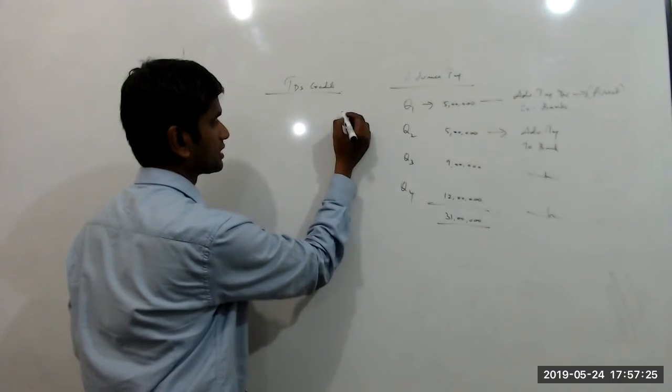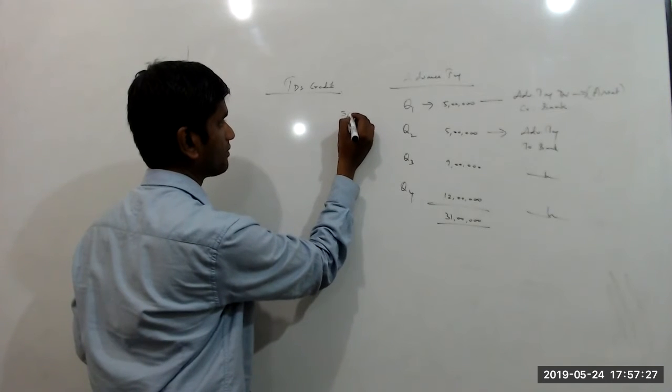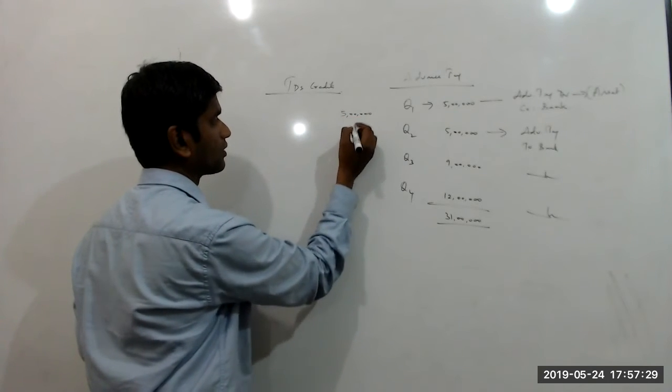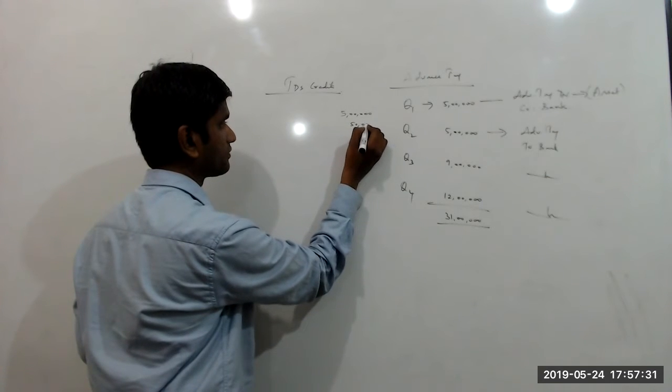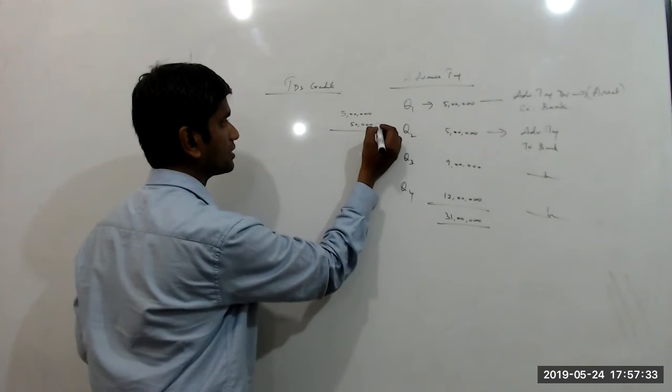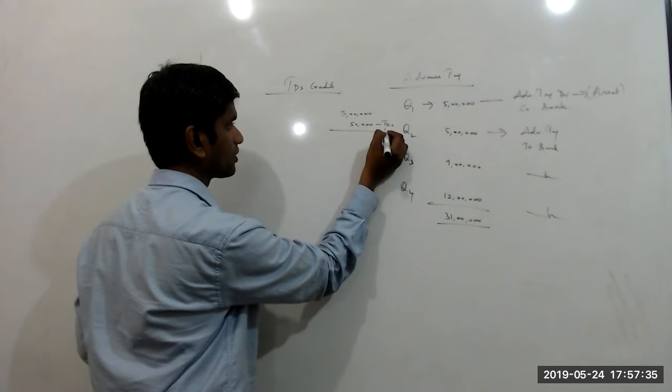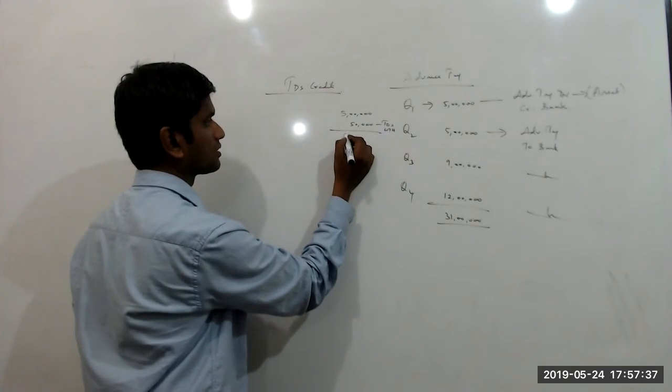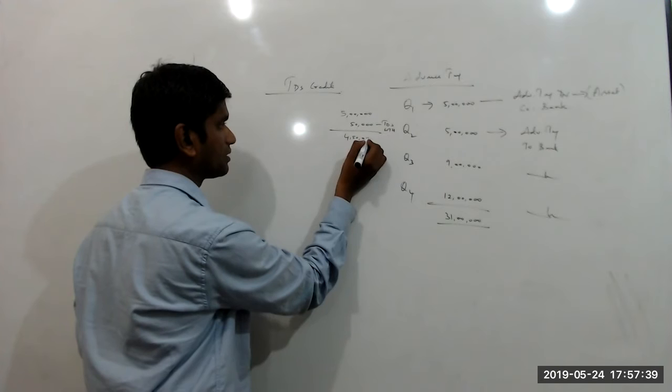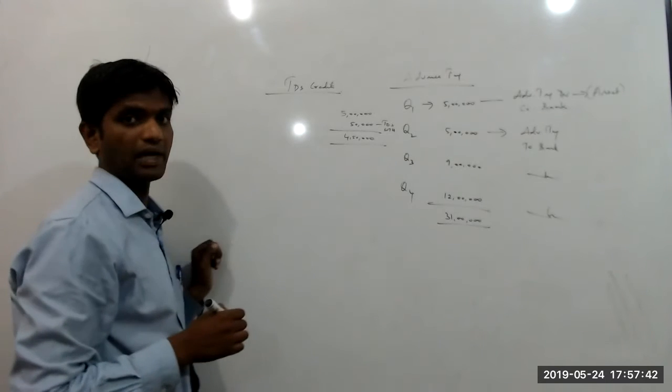So let us say the customer makes a payment of 5 lakhs, and he deducts 50,000 towards TDS, or withholding tax. The rest of the payment, he credits to your bank account.